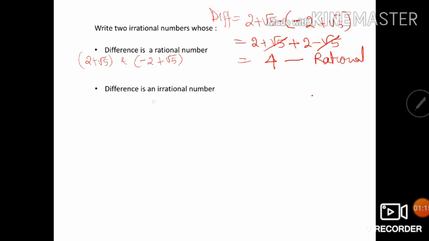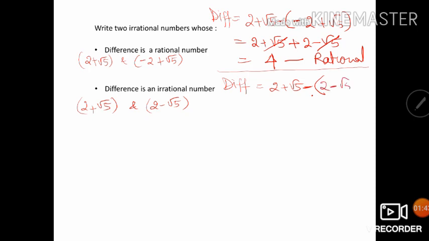Let's find two numbers such that their difference is an irrational number. So let's take 2 plus root 5 and 2 minus root 5. The difference of these two numbers: 2 plus root 5 minus, in bracket, 2 minus root 5.